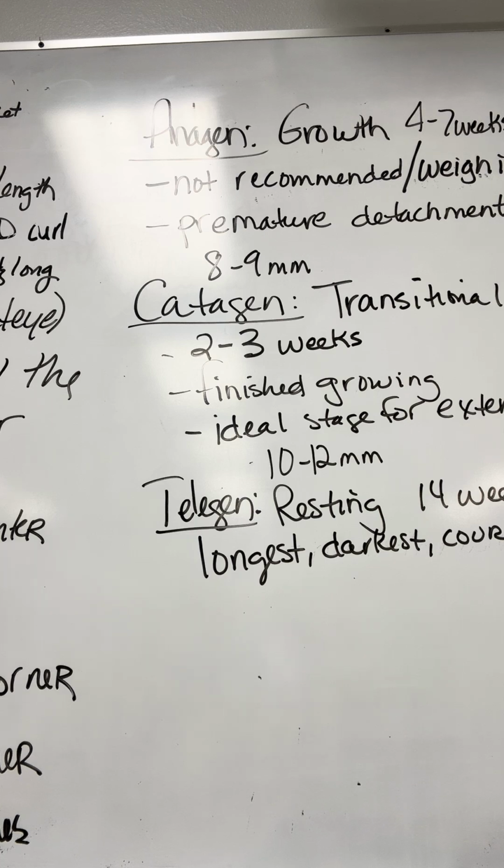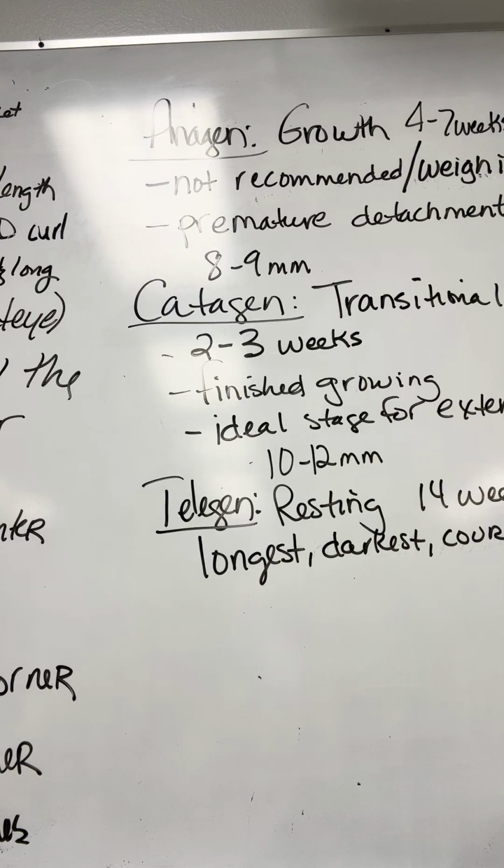This is an acceptable stage for placement, although lashes at this stage are going to shed more quickly because they're getting ready to shed. And they're longer, so the weight is also going to play a factor.